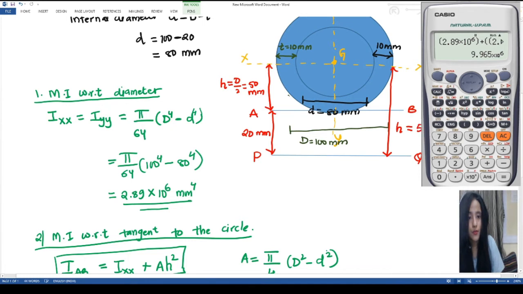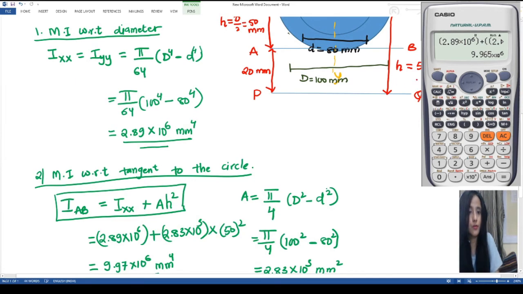So it was 50, and from this line AB till PQ it is 20. So 50 plus 20, it will be equal to 70 mm.